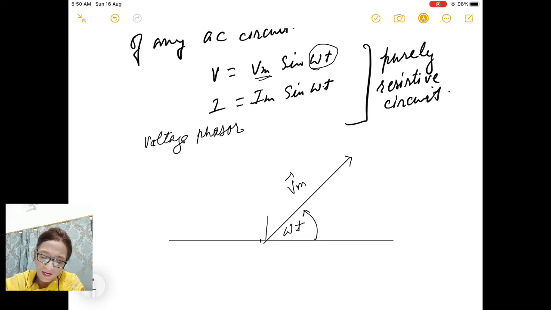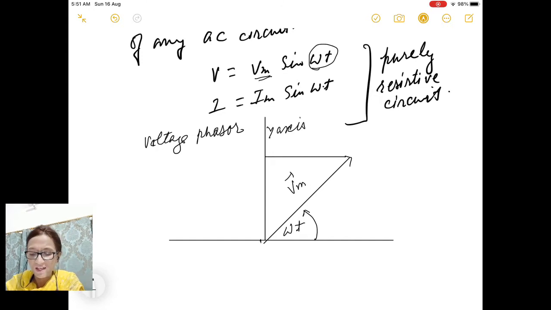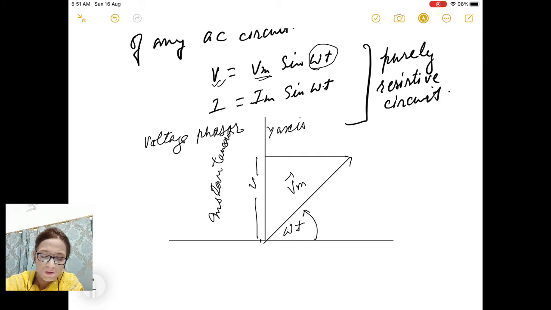And when you take its perpendicular component on the y-axis, this is your y-axis, the perpendicular component of this voltage amplitude gives you the instantaneous voltage.